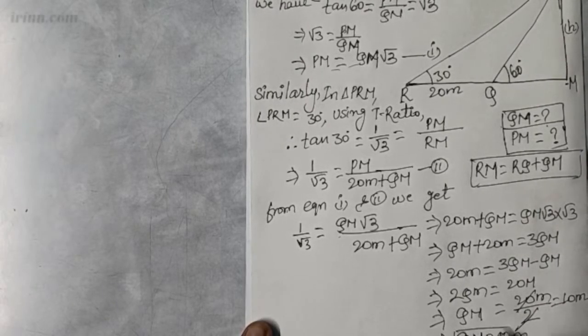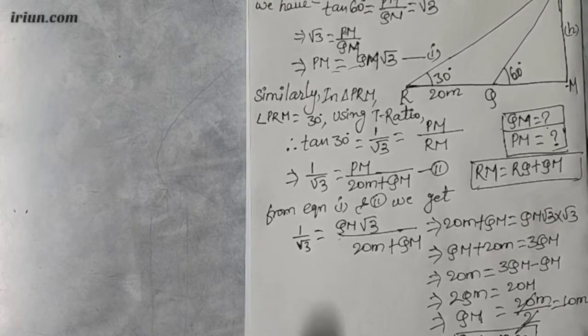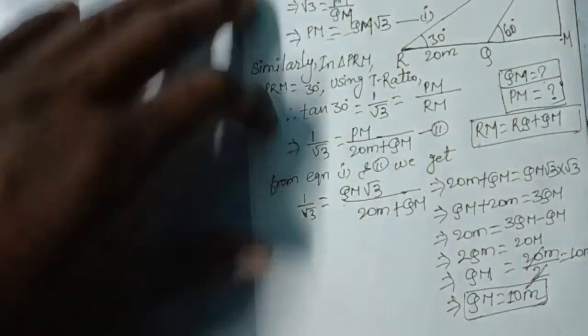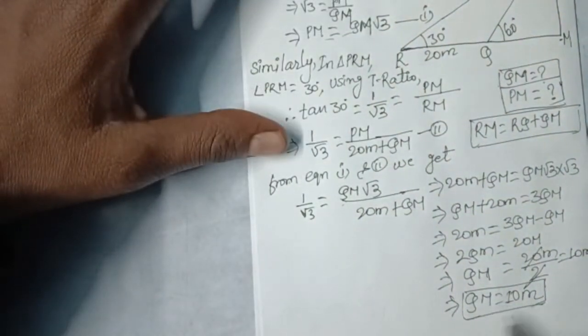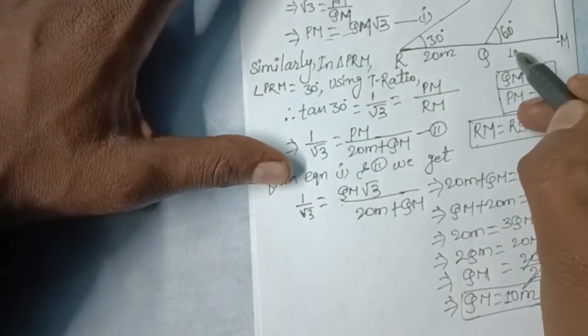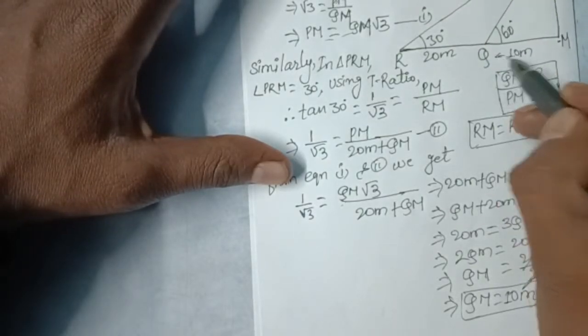So here we have found out the value of QM. The width of the canal is 10 meter. Here QM is 10 meter.